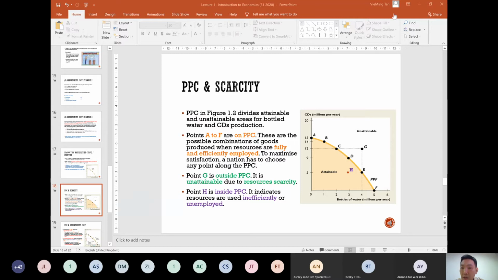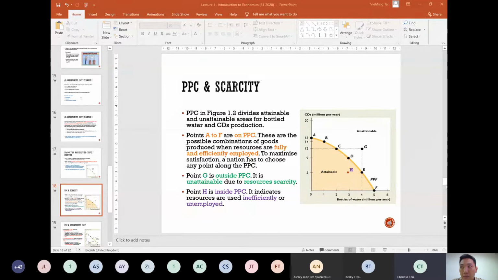Charissa Teo. Carissa Teo, are you here? Yes. So besides labor and capital, are there any other factors of production that are important for a country in the production process?